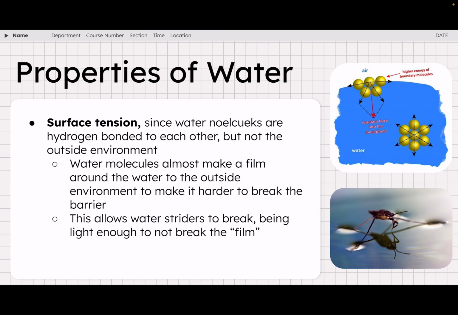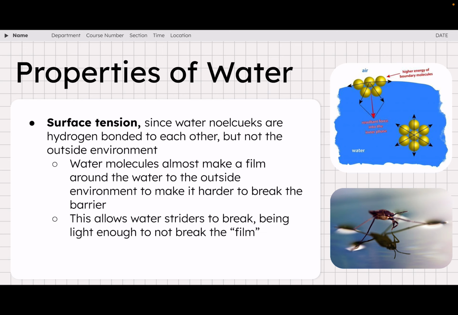So when it's faced with the outside environment, such as air or maybe an oil, the molecules create a film around themselves, a barrier made of hydrogen bonds against the outside environment. You can see where it says air here, and those 5 yellow balls represent water molecules, and that's how they almost make a film to protect the other water molecules from the outside environment.